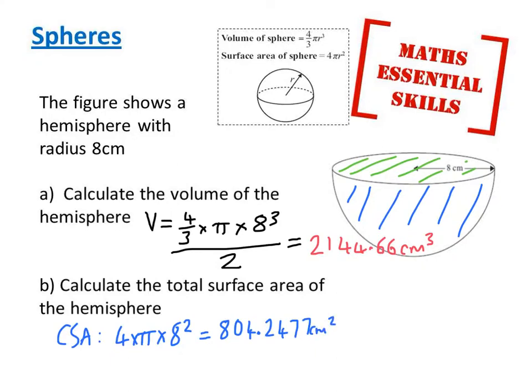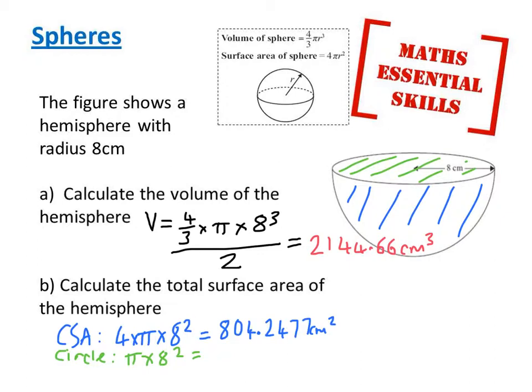centimetres squared. Now to work out the circle on top, we're going to use the normal formula, pi times radius squared. And the reason why I've got to add that one on is because this question asks for the total surface area.